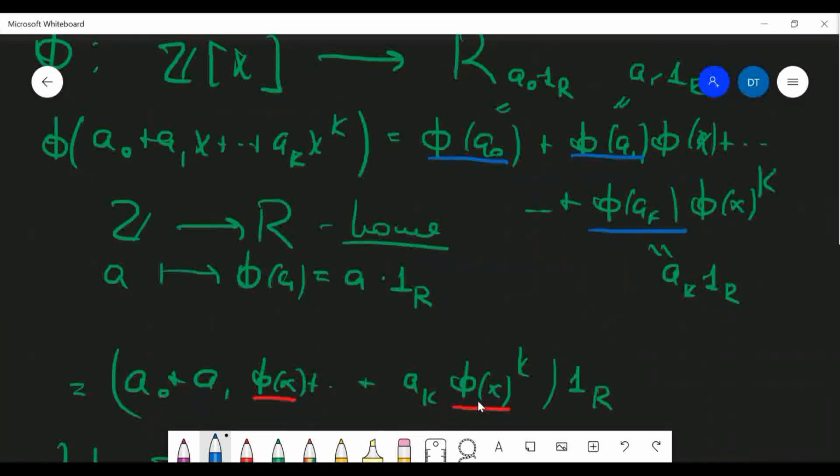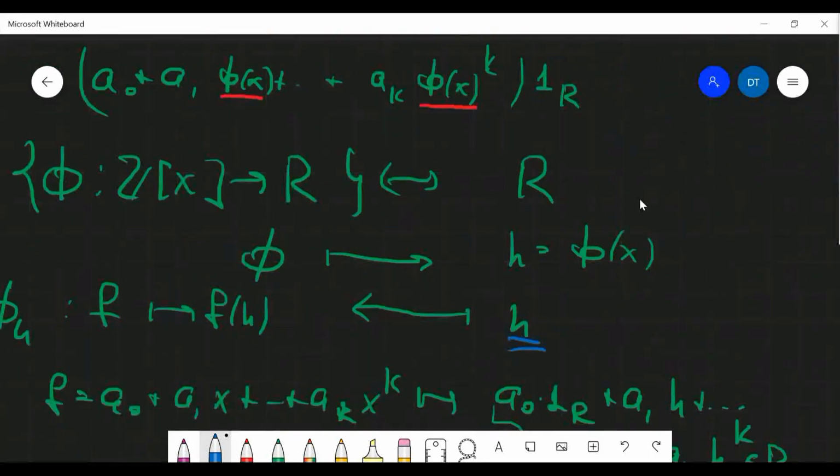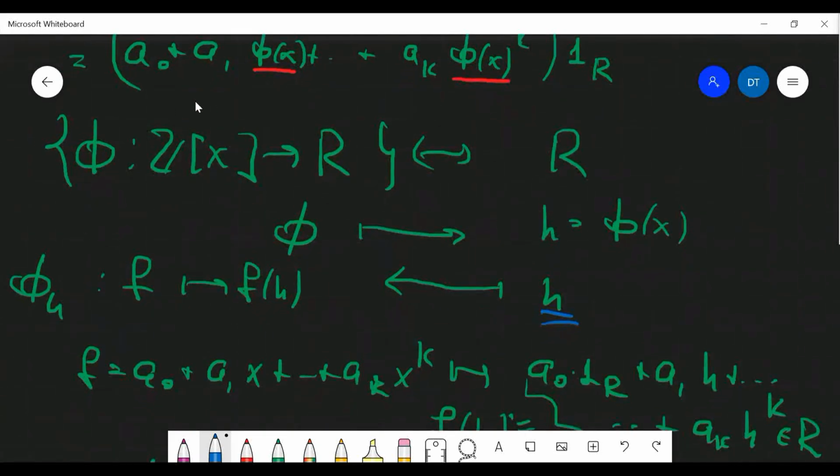And this formula is exactly the substitution of phi of x instead of the variable x. So as a result, all the homomorphisms from here to here are just substitutions of an element of R instead of a variable x.